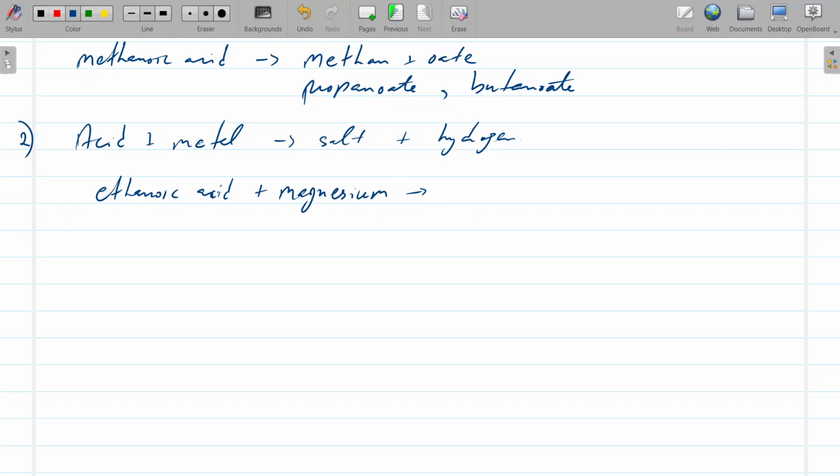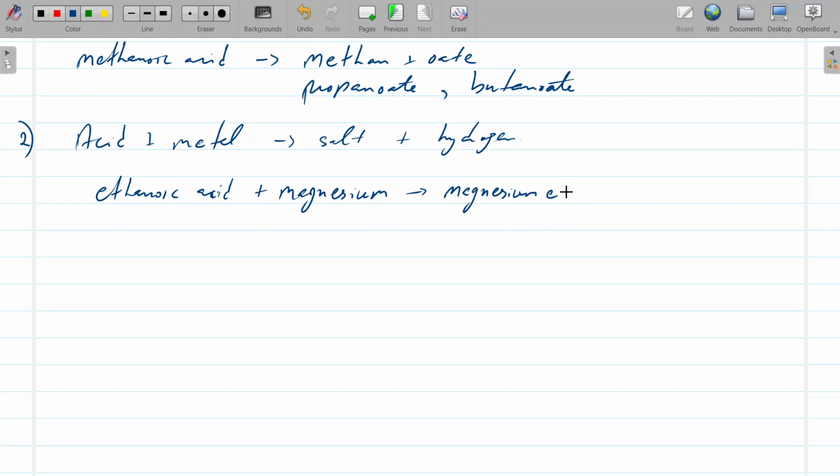It's going to start with magnesium and then ethanoate. Ethanoic acid, what will the name of the salt be?